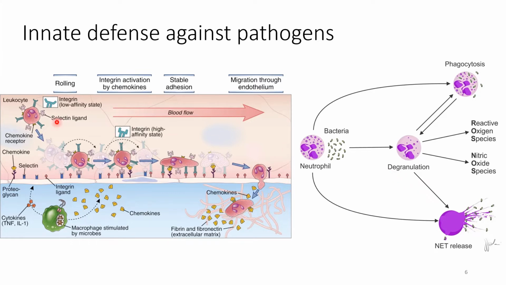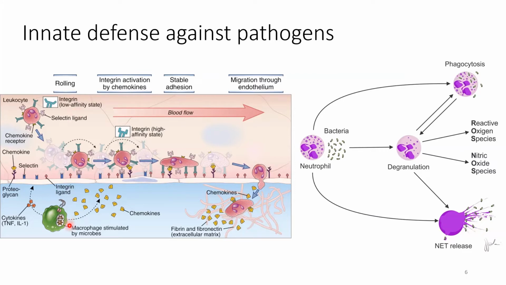If you remember this figure, this is a neutrophil that is normally localized in our bloodstream. They have a number of ligands and receptors that in a normal situation are weakly expressed with a low affinity state, so they can flow according to blood flow.